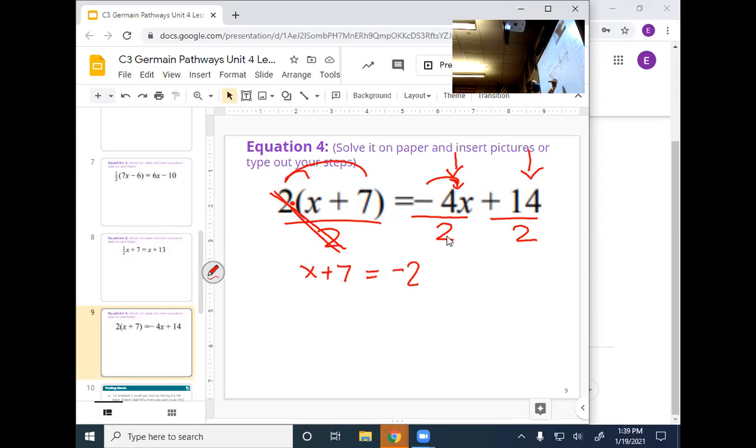Very good, -2x. Now I need to do my 14 divided by 2, which gets me what? Nice job, Bridget. 14 divided by 2 is 7. What kind of 7? +7. Very good. 14 divided by 2 gets me a +7.